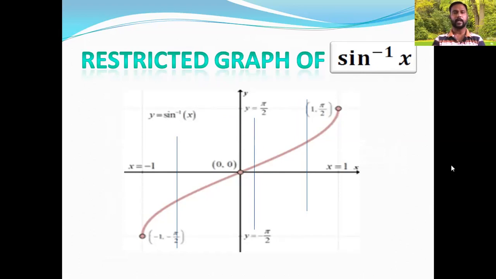Therefore, to define inverse trigonometry as a function, we have to restrict it to some part. Such parts are known as principal value branches. So I am discussing here only sin inverse x. You can go for all the 6 inverse trigonometric functions.